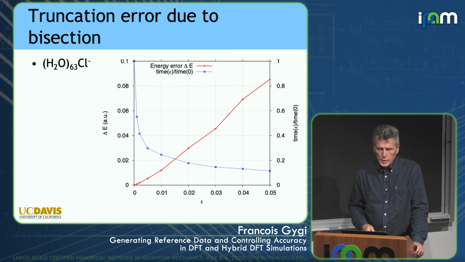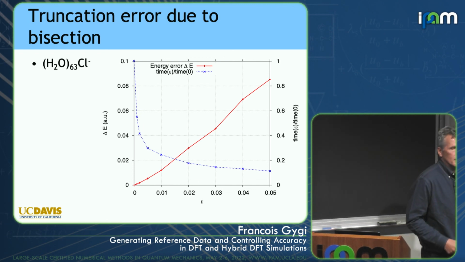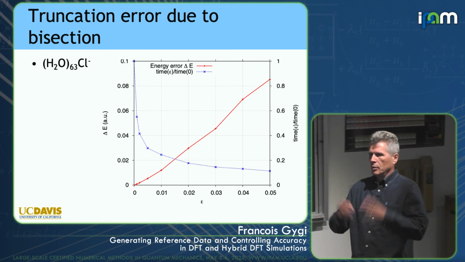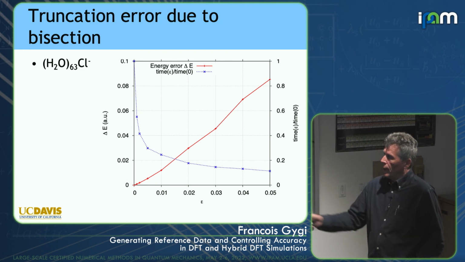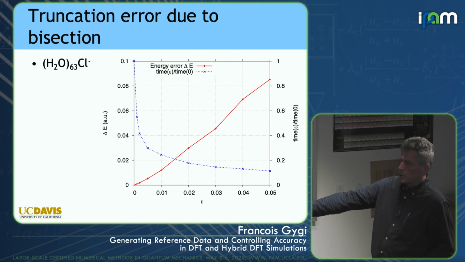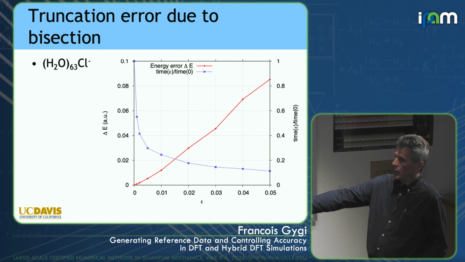And that gives us a method, and it's kind of in the spirit of this workshop, which asks, well, what are certified methods, right? I have a parameter here, which is my tolerance, that I can reduce all the way to 0. Here I pay the full price of the Hartree-Fock calculation. But if I let it be finite, the cost of my calculation decreases sharply, but the error grows.